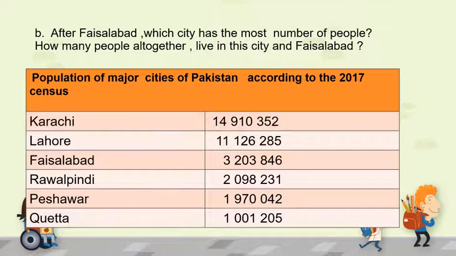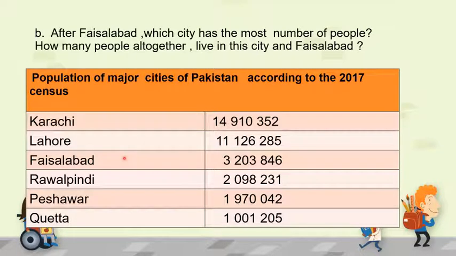Now its B part is, after Faisalabad, which city has the most number of people? How many people altogether live in this city and Faisalabad? First of all, we are going to find out which city has the most people after Faisalabad.